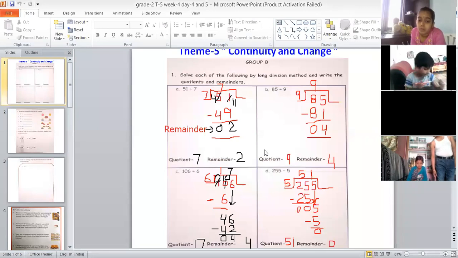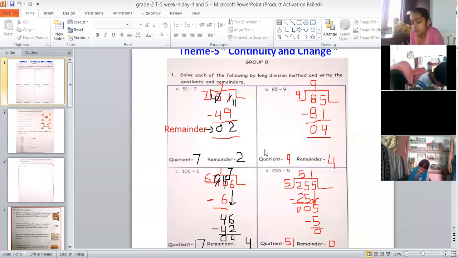So what are you asking? Do you have any doubt anywhere? Devansh, your voice is not at all clear.